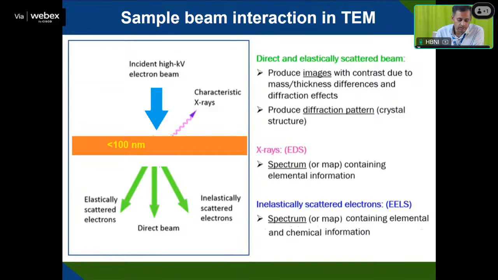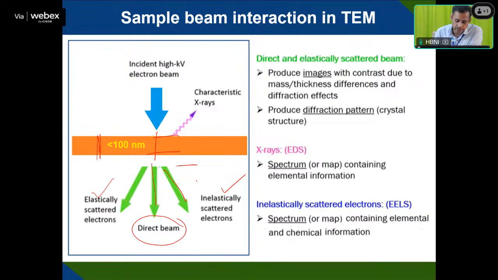If you see that this sample thickness is less than 100 nanometer, not angstrom, it's in the nanometer region. So your electron beam can be transmitted through it, and once transmitted, one will be the direct beam, and then you have an elastically scattered beam and an inelastically scattered beam. The direct beam or the elastically scattered beam are used to produce an image with contrast due to mass thickness, depending upon the thickness of the material.